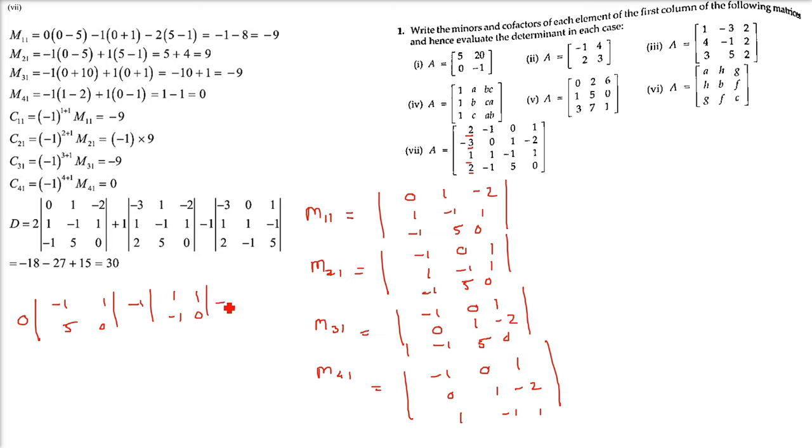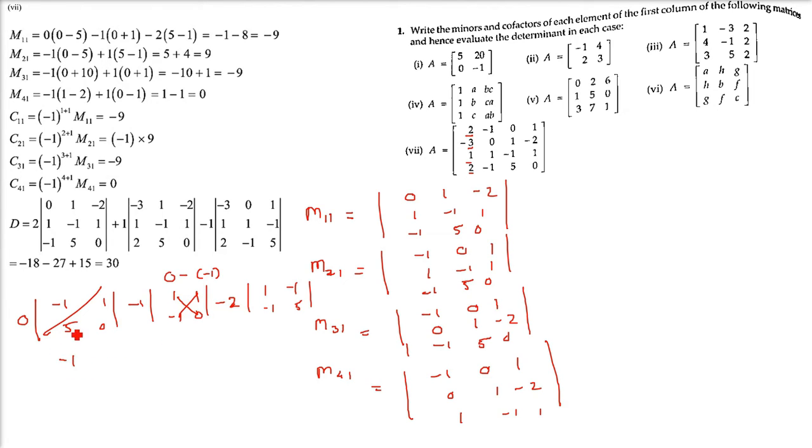Just for the sake of completeness I am computing M11, minus 2 and 1, minus 1, and minus 1, 5. Okay, so this becomes 0. This is negative 1 into 1 into 0 is 0, 0 minus minus plus. So you get 1. 1 into minus 1 is minus 1.